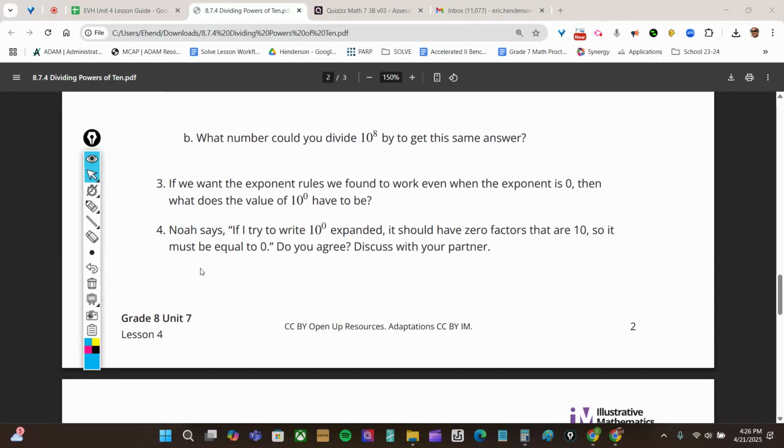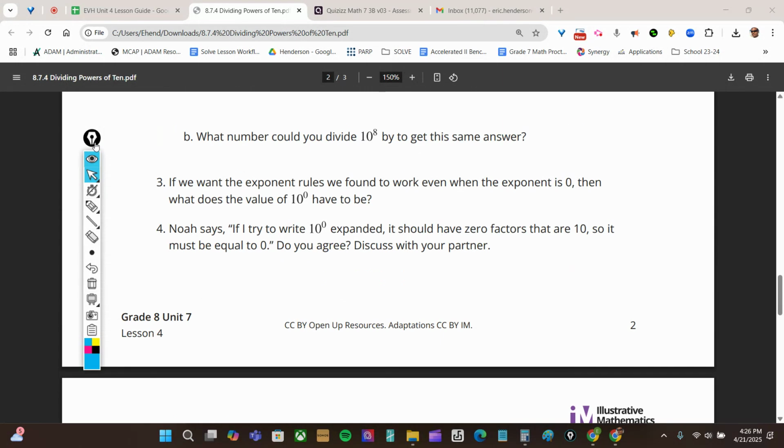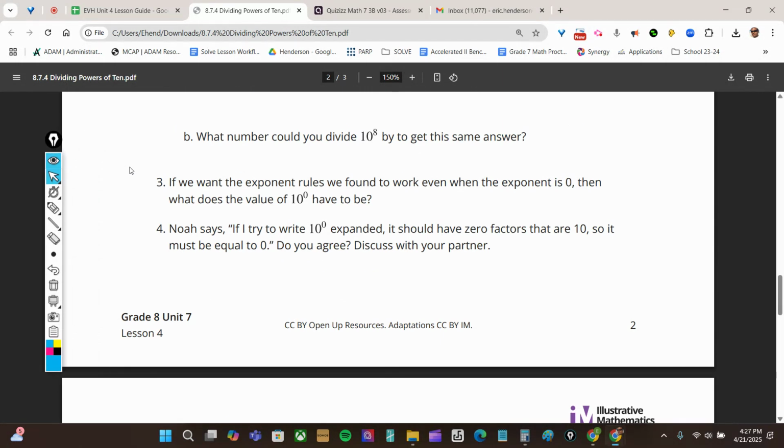Here's some more questions. So let's say 3 and 4 right here. Take a look at that. If we want the exponent rules we found to work even when the exponent is 0, then what does the value of 10 to the 0 have to be?